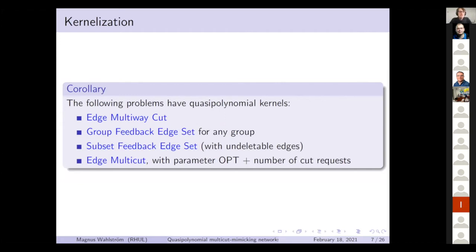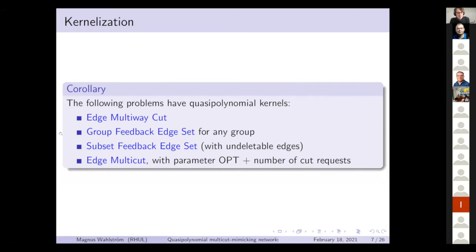Given the existence of a quasi-polynomial size mimicking network, there's a range of problems that get quasi-polynomial kernels. Edge Multiway Cut, which is exactly the problem of separating a set of terminals into one specific partition, has a quasi-polynomial kernel.